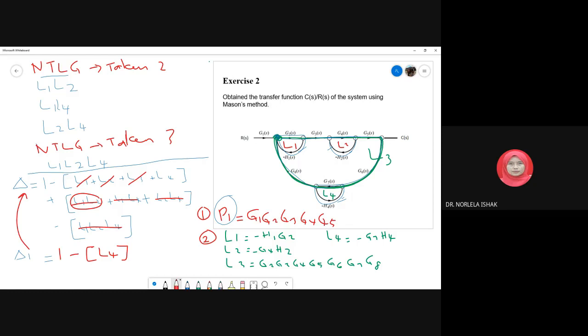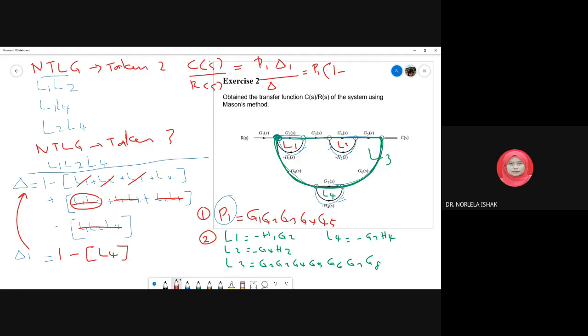Okay, from here you substitute into the Mason's rule equation. So you can determine your transfer function C over R. Okay, how to determine the transfer function? C(s) over R(s) equal P1 multiply delta 1 over determinant. So your P1, you write down back your P1 multiply with the 1 minus L4.